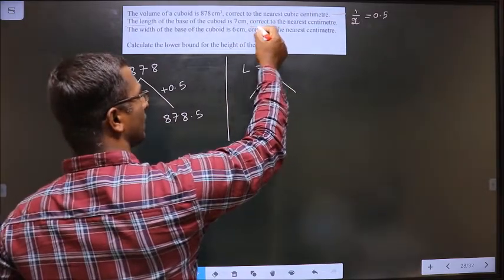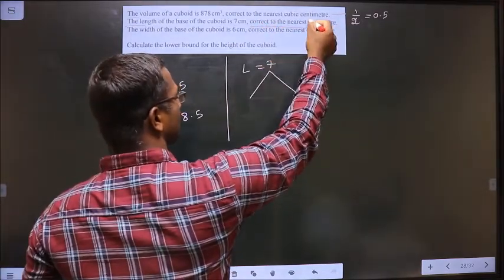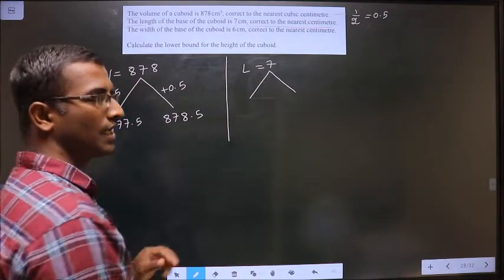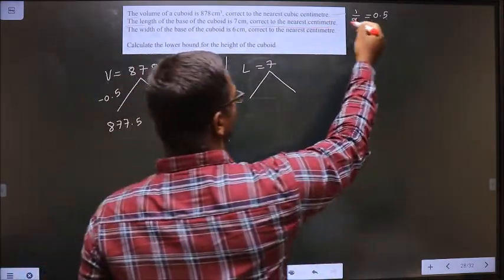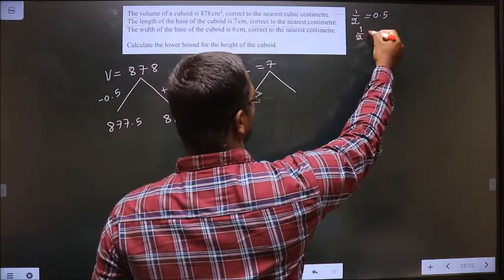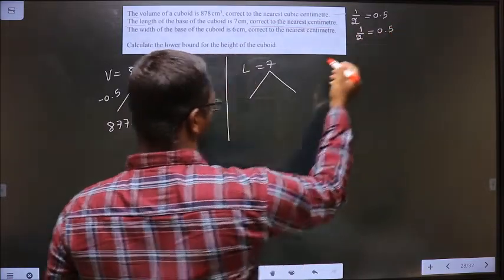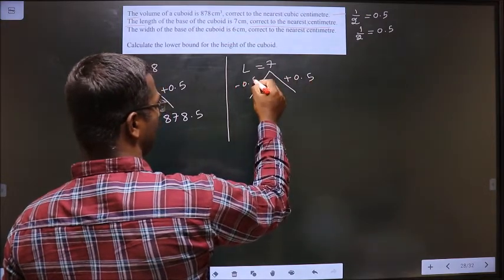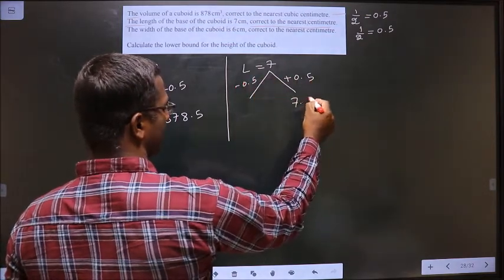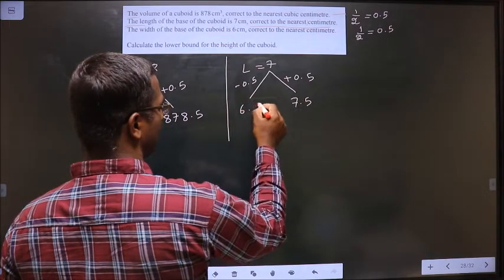Correct to the nearest centimeter means 1. It's correct to whatever, we should do half. So here also 1, if I do half, I get 0.5. This I should add and subtract. So when I add, I get 7.5. When I subtract, I get 6.5.